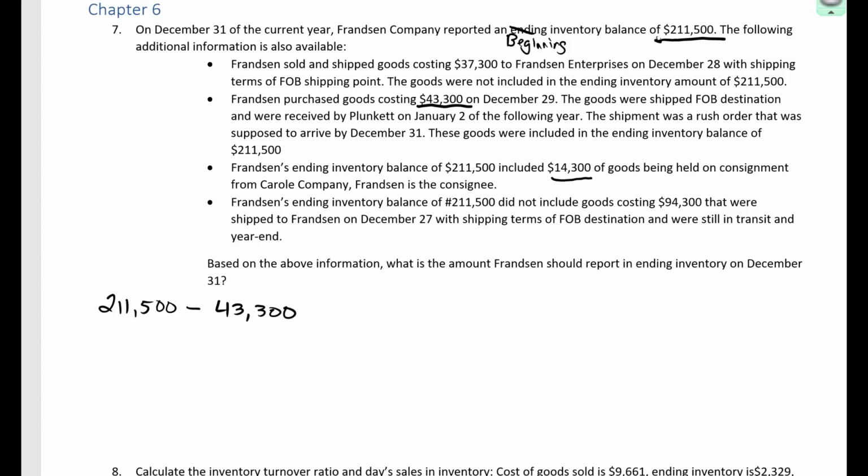When it's on consignment, the person that owns that property includes it as theirs, not the person selling it. So this company has these goods and they're selling it for another person. It is not part of their inventory. And because it was included, we need to back that out. And then that's where we get $153,900 is their actual ending inventory.